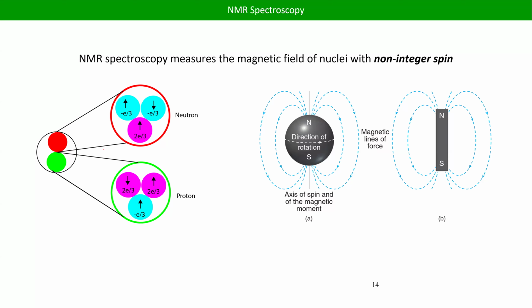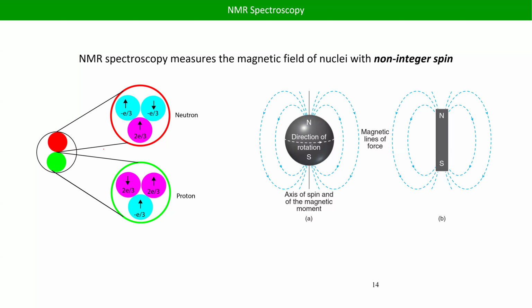With a little bit of practice, you can even tell things like is this cis or trans in terms of alkenes. But the way that it works is a little bit weird because it involves magnetism, and magnetism is tricky.